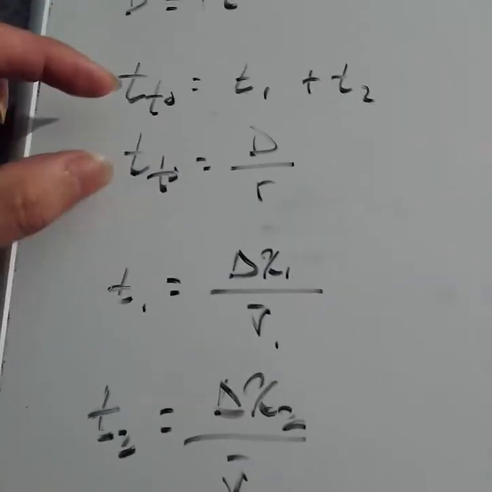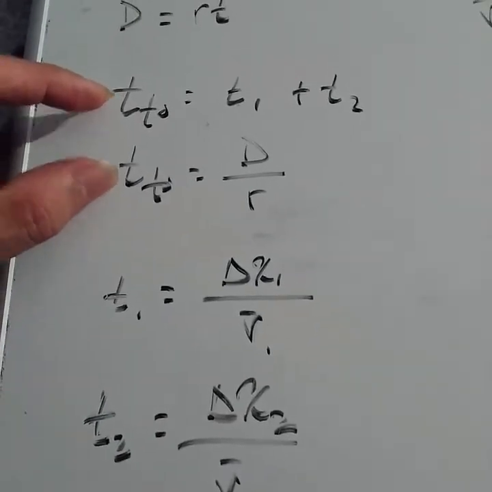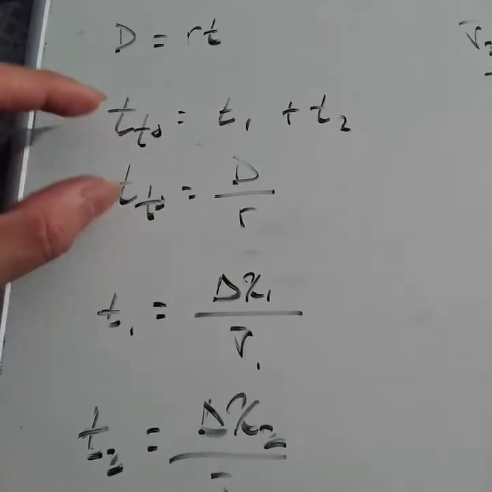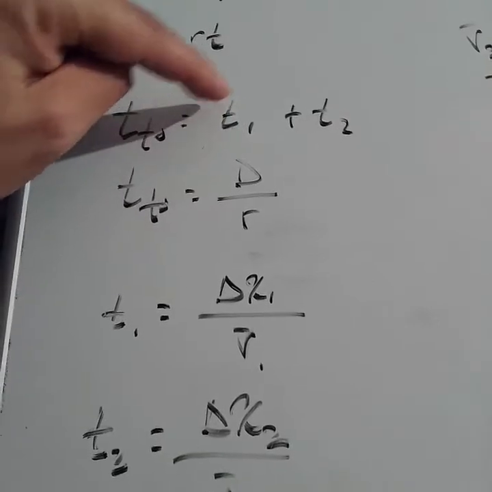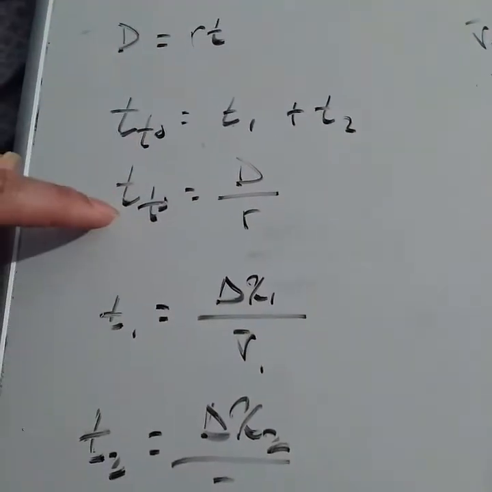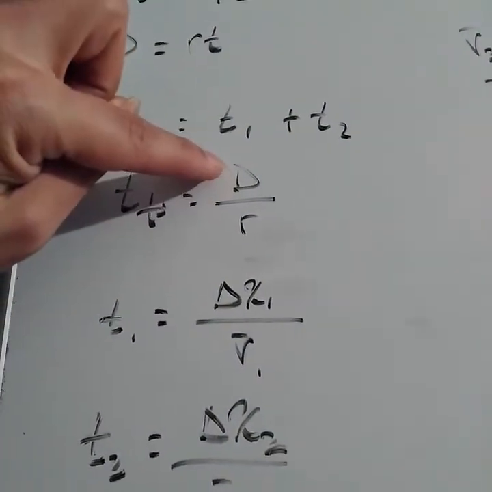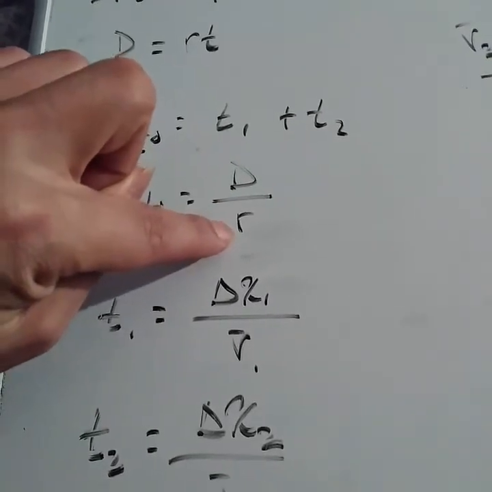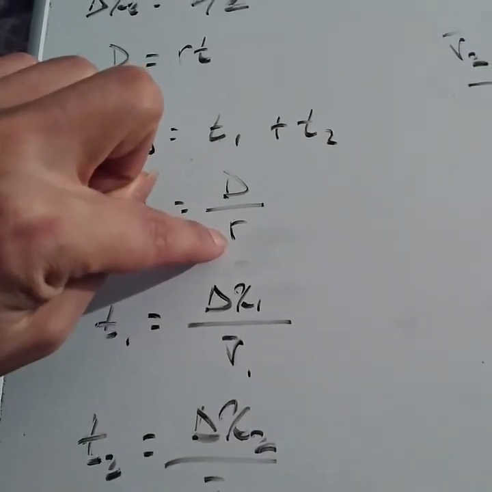Now we're going to set the time totals equal to each other. Remember, time total is equal to T1 plus T2. Time total is also equal to the total distance divided by the rate. This rate is going to be our average speed that we are solving for.